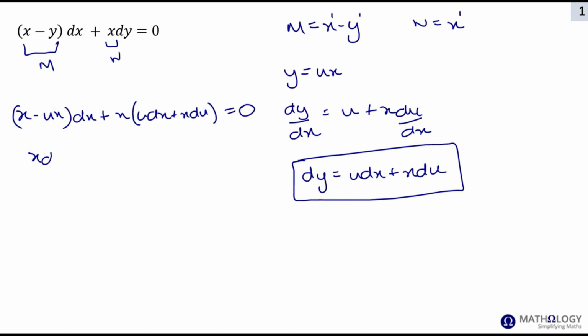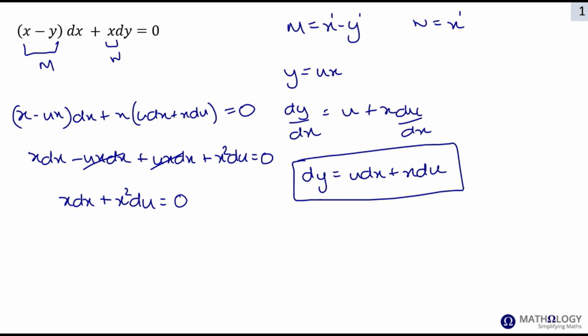So we'll have x dx minus ux dx plus ux dx plus x squared du equals 0. These terms here will cancel, which is nice. So we'll have x dx plus x squared du equals 0. Let's divide through by x here. Obviously, x cannot be equal to 0, so we'll have dx plus x du equals 0.